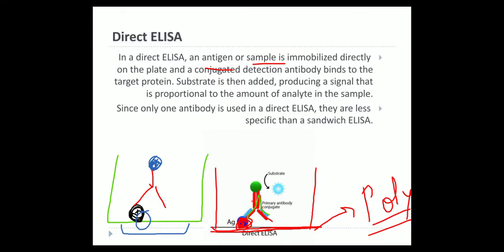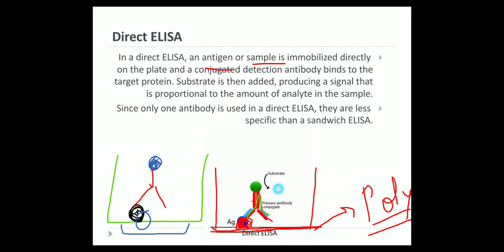Since only one antibody is used in direct ELISA, it is less specific than sandwich ELISA. This is a simple technique of identifying whether a particular antibody is present in the serum or not, a simple technique of knowing the antibody in a sample.